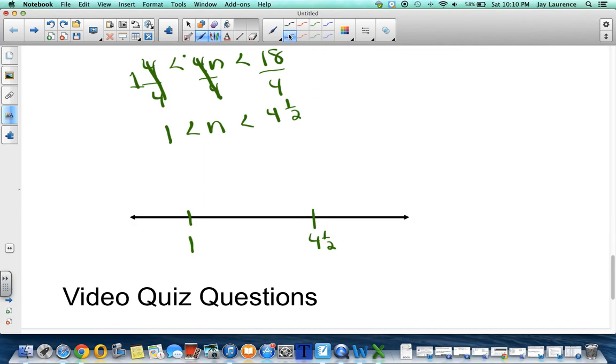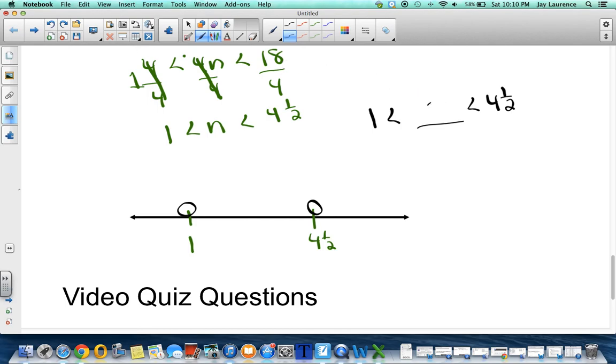They're not equal to, so they'll be open points. And if I'm not sure, you know, I could test it. I know how ands look, but if you're not sure, leave that and a blank. And I need a number that 1 is less than, but that number also has to be less than 4.5. So for example, I couldn't put 10 in here. 1 is less than 10, but 10 is not less than 4.5. I need one that's true for both parts of the inequality.